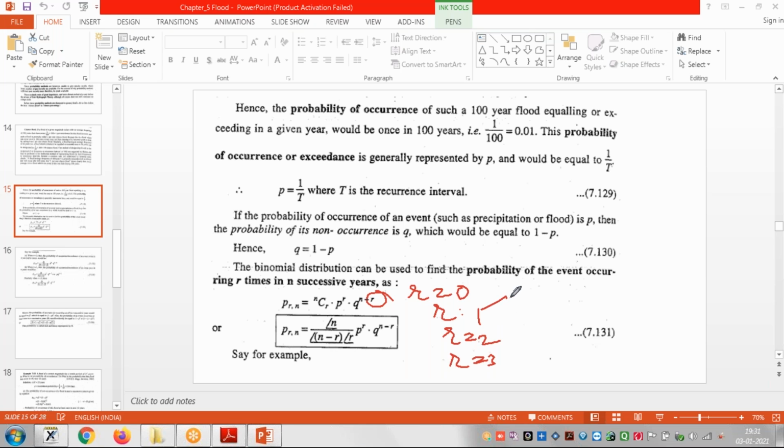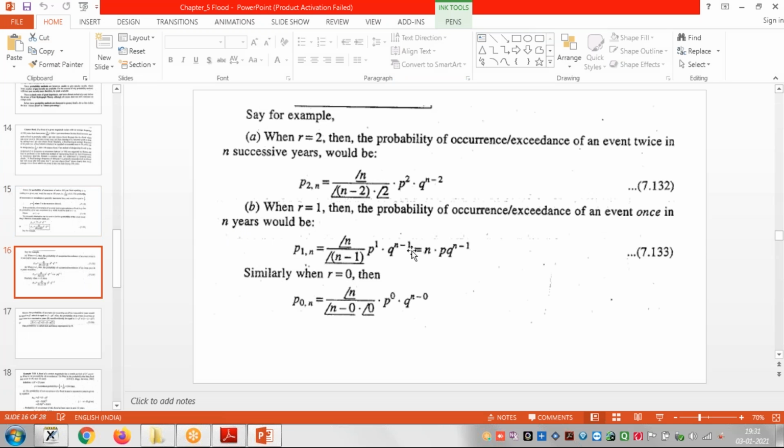At least once in n years, 2 times in n years, 3 times in n years, right? When the R value changes, we get this formula. Here they have mentioned R equal to 2 and put the value here. When R is equal to 1, they put that value, and when R is equal to 0, we get this value, right?